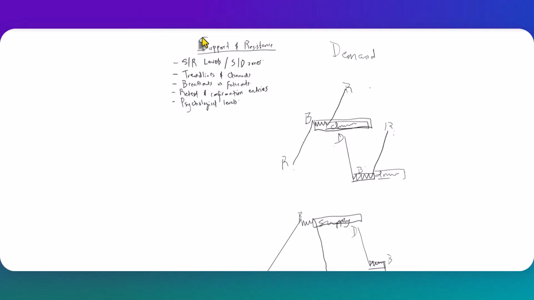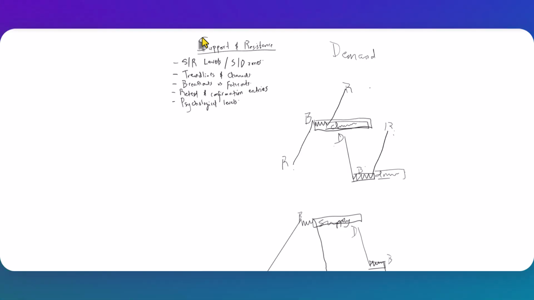Other types of confirmation entries are candlestick patterns, Fibonacci retracement levels, supply and demand zones, and fair value gaps, like I already said. I think you should have already picked one or two lessons from what I've talked about.